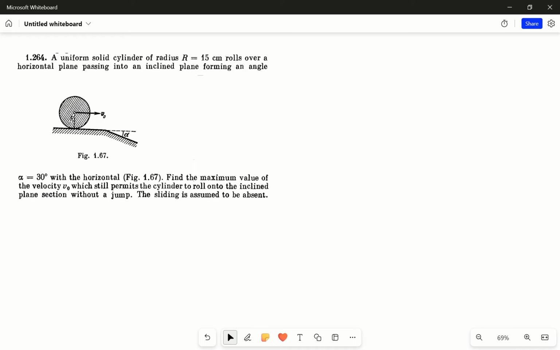Okay, so the first important thing is sliding is assumed to be absent, right? So it would be performing pure rolling type of motion, and at each point its velocity, that is vcm, would be equal to omega naught into r, right?